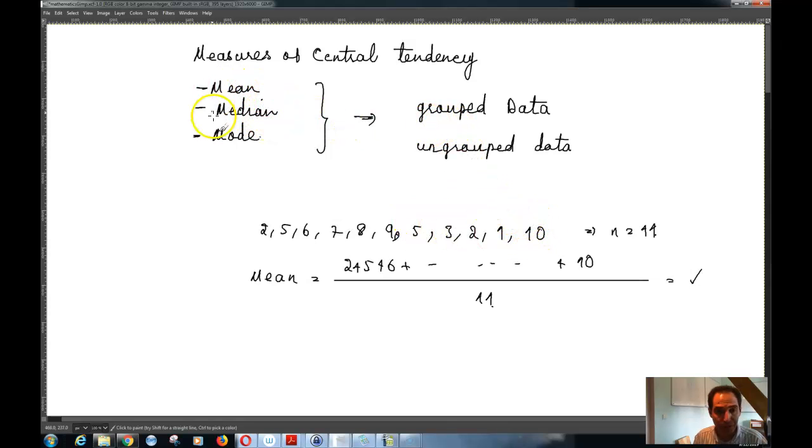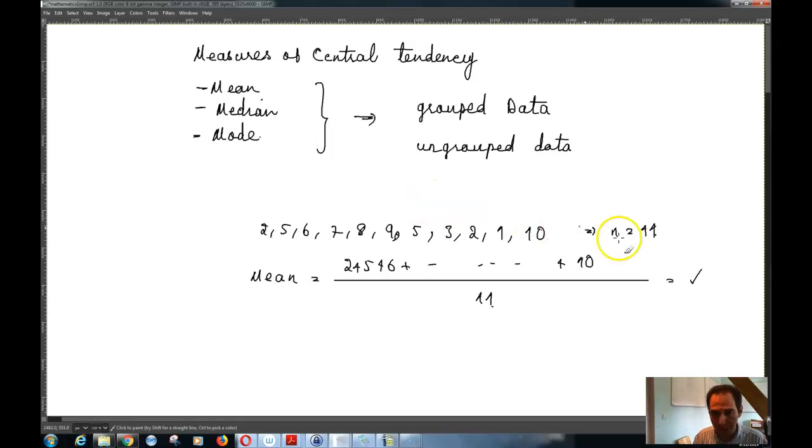Now the median of the data is the value of the observation that comes exactly in the middle of your observations if you sort them in ascending order.